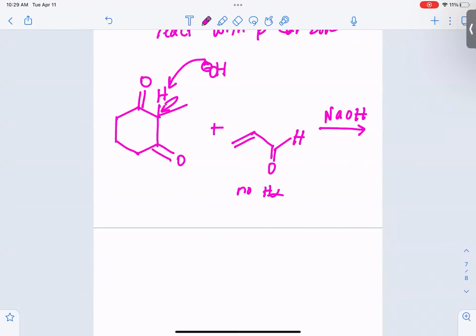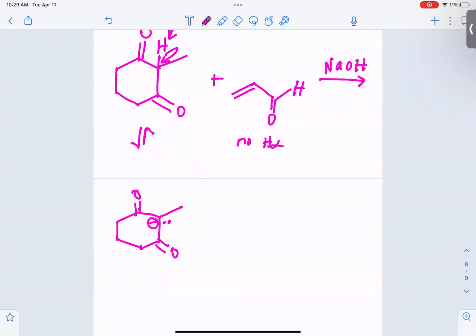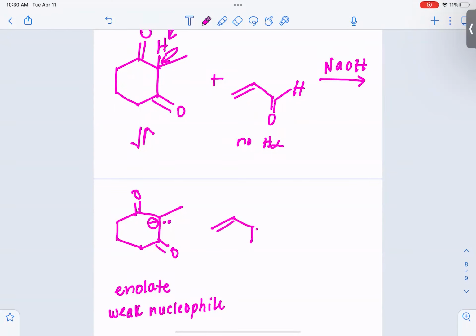The electrons go on the carbon. Okay, so now we have our enolate. So this enolate is a weak nucleophile. So instead of reacting with the aldehyde carbonyl, it's going to react with the beta carbon.